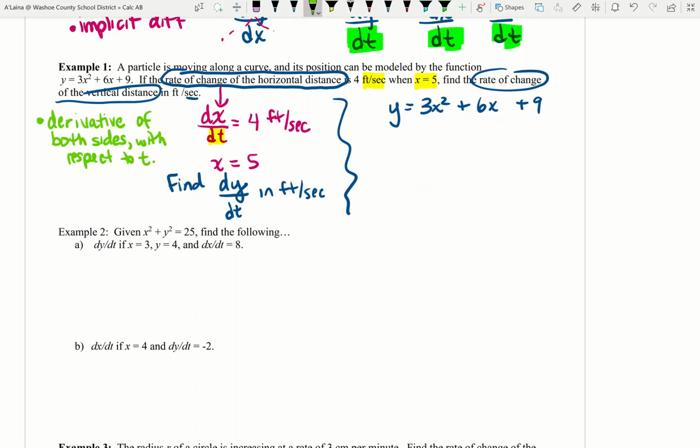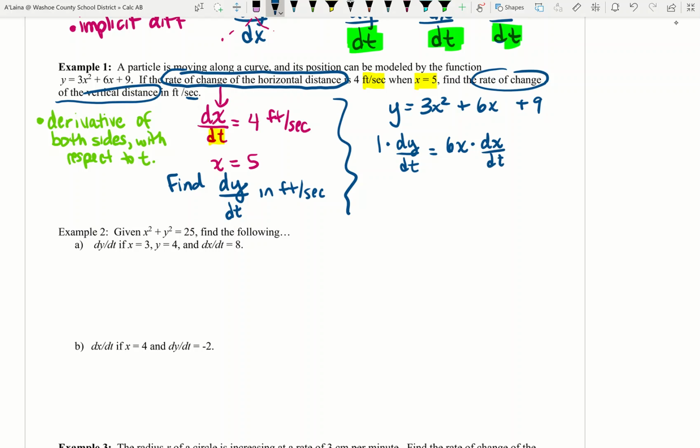So I'm going to go through here, and I'm going to take the derivative of each one of these terms. Now, the derivative of y is 1, but I'm doing this implicitly with respect to t. So I have to multiply this times dy over dt equals the derivative of 3x squared would be 6x, but x is the wrong variable. I need to do this with respect to time.